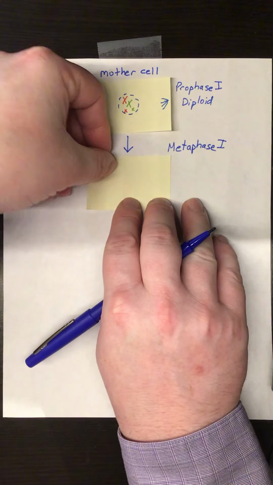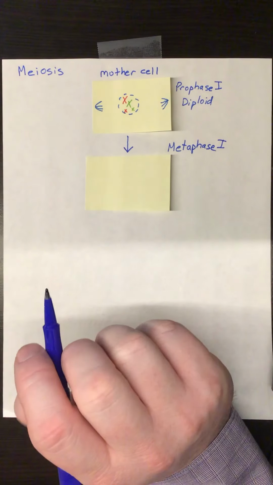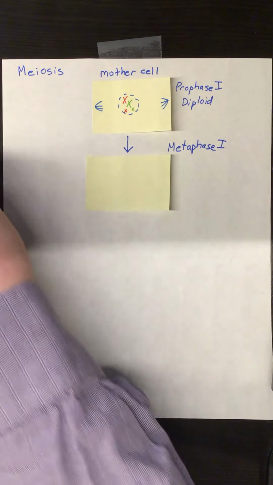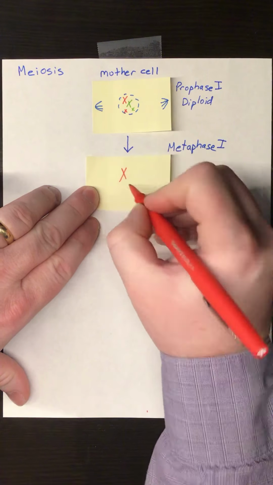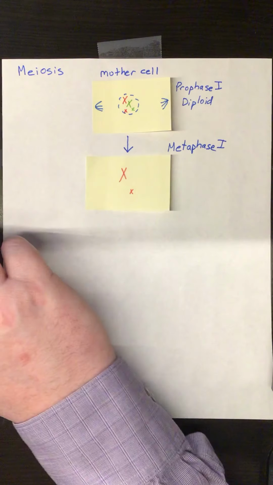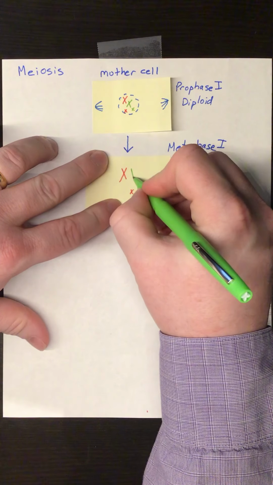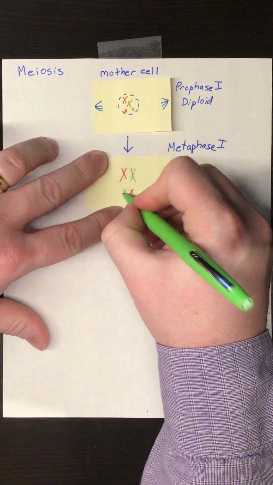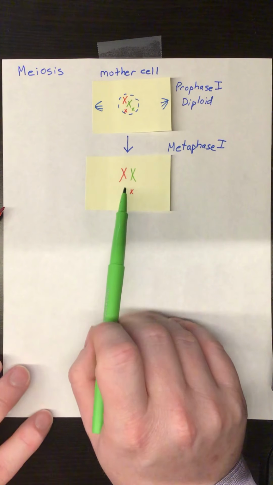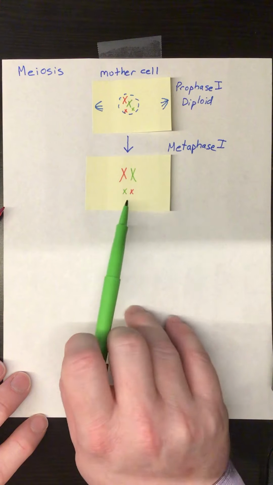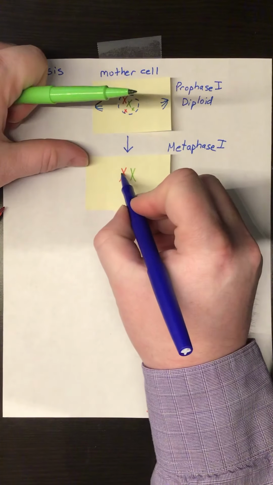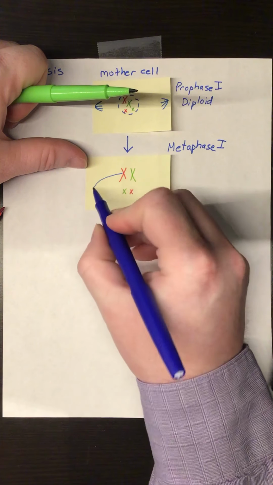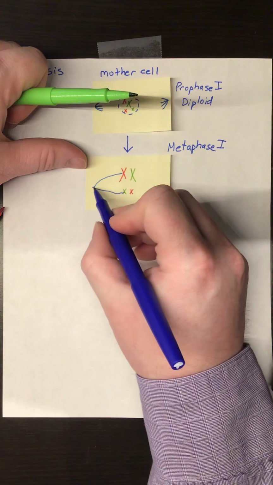So let me put a new cell model down there to show our progression. And what's going to happen here is it's going to look a little bit different. Because what happens is the chromosomes line up in the buddy system, where the big chromosomes that are the same chromosome 1 line up together, the chromosome 2s line up together. They're organized this way by the mitotic spindle.